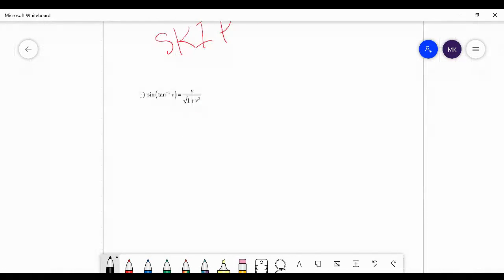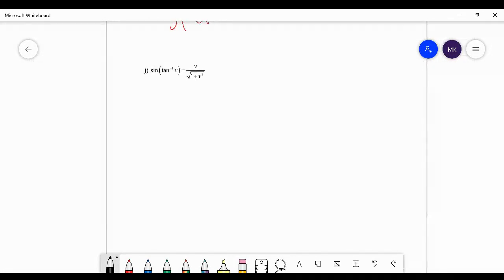So let's look at J. This one is going to be very weird and very different. But we're going to do it because it's fun. So what we're going to start off with is defining, we're going to let theta equal the inverse tangent of v.